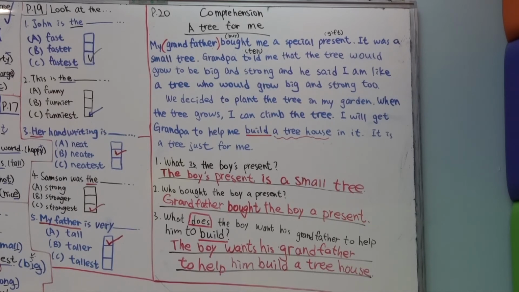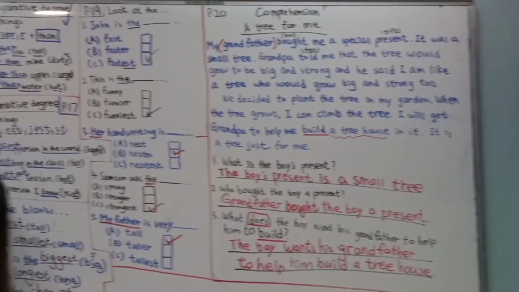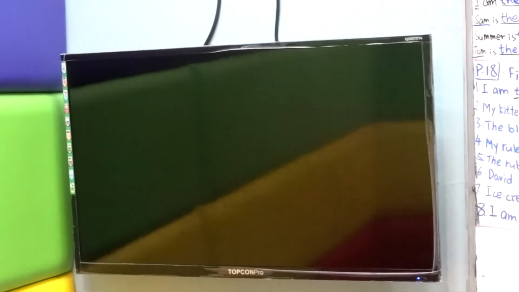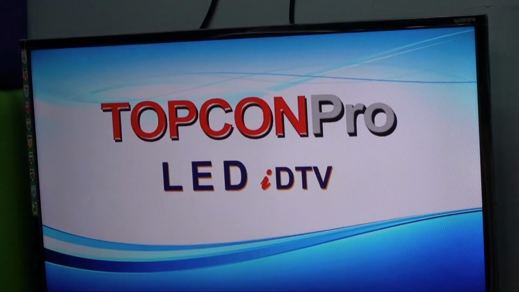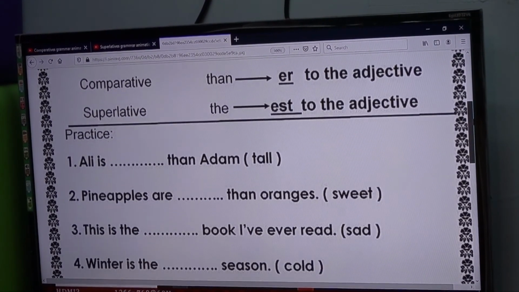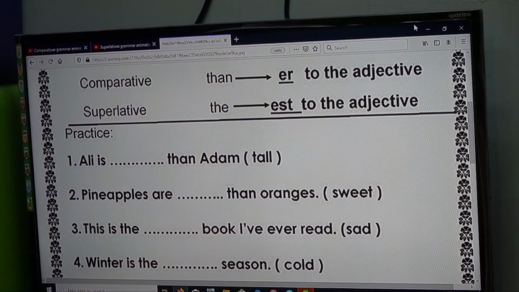So since we have some time left, we can do some revision of superlative and comparative. So here is an exercise. Let's do it together. All right, let's do some exercise on comparative and superlative, okay?